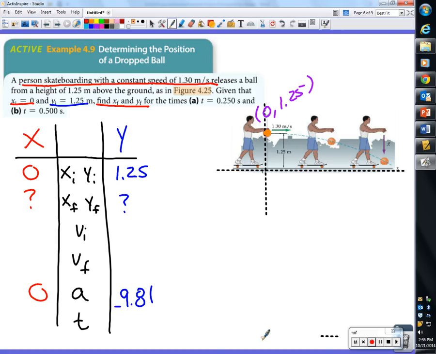Okay, sorry. We'll do this part, right? So, the instant that the ball is let go, it's moving 1.30 meters per second horizontally, but it's not doing anything vertically. Just like in chapter 3, right?